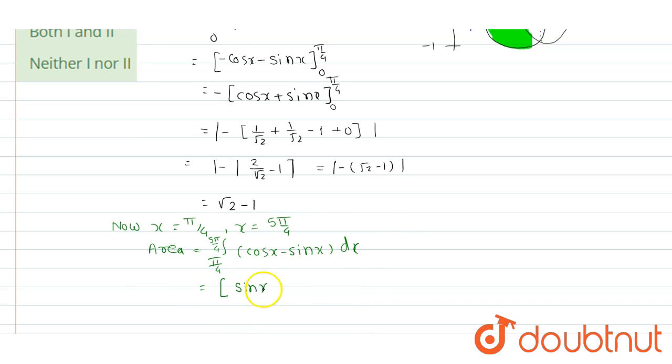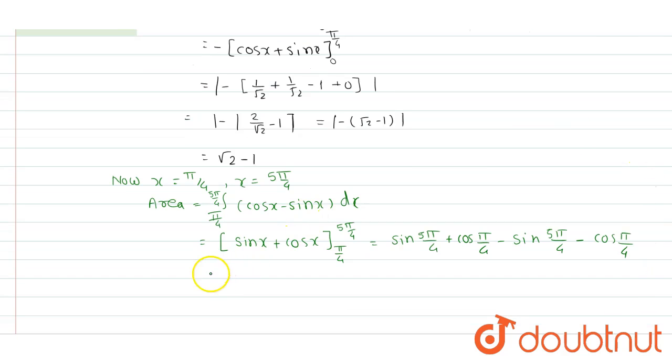That equals sin x plus cos x from pi by 4 to 5 pi by 4, which means sin 5 pi by 4 plus cos 5 pi by 4 minus sin pi by 4 minus cos pi by 4.